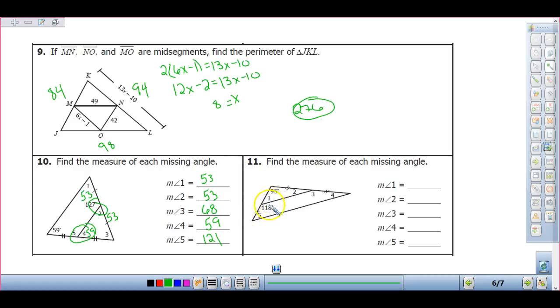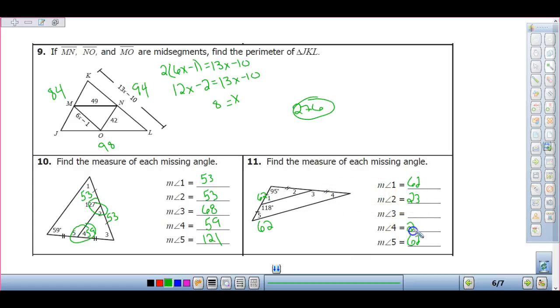Here, linear pair between 1 and 18. So that makes 162. Okay, 1 and 5 go together. Corresponding angle, 62. You've got triangles here, so you can go ahead and make sure they equal 180. It's going to make angle 2, 23.